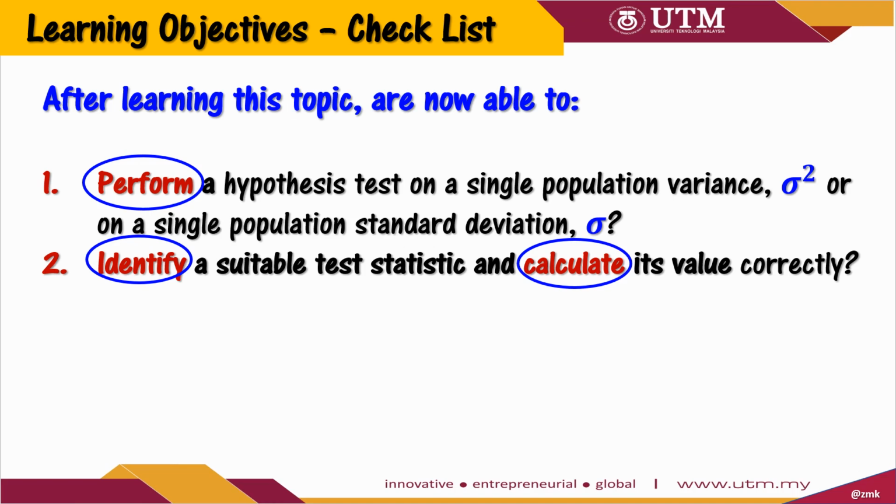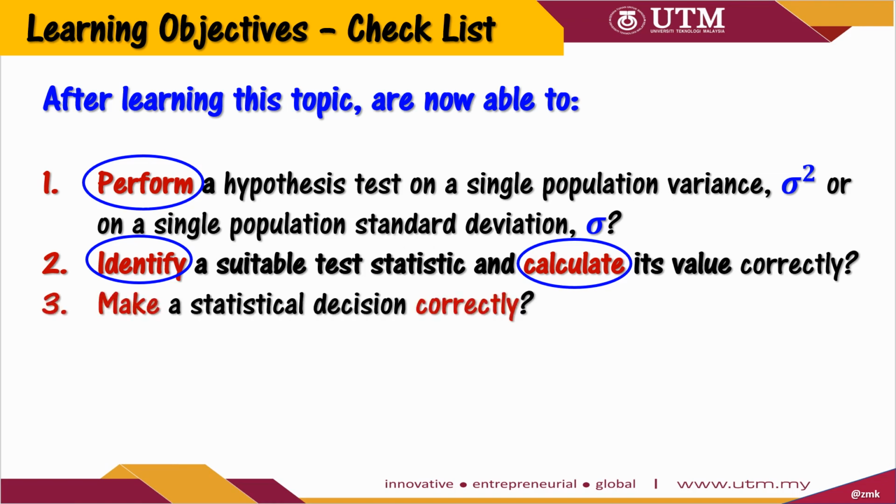Next, are you now able to attain the third learning objective, that is to make a statistical decision correctly whether to reject the null hypothesis or not? In doing this, you must write down the decision rule correctly, which should tally with the statement under the alternative hypothesis H1.